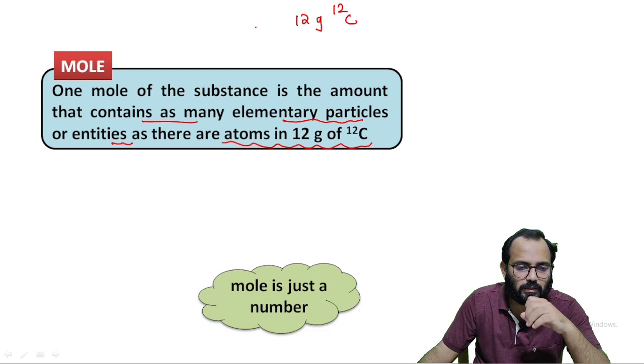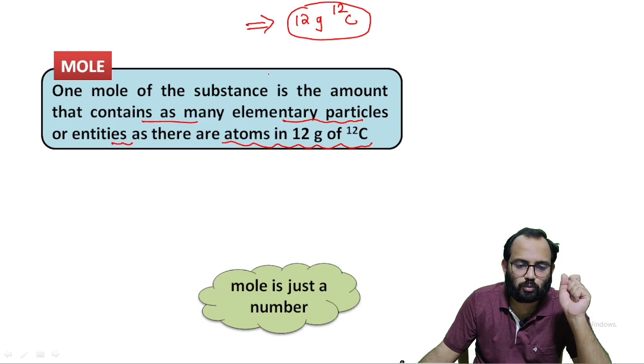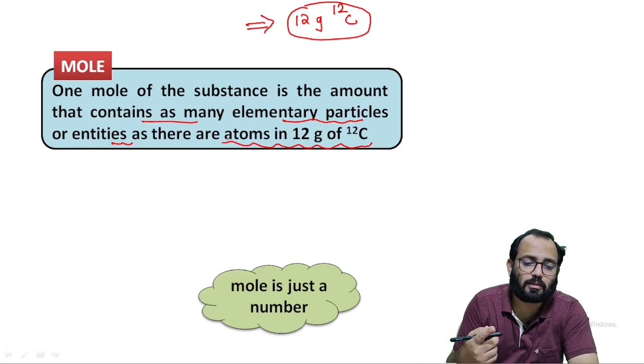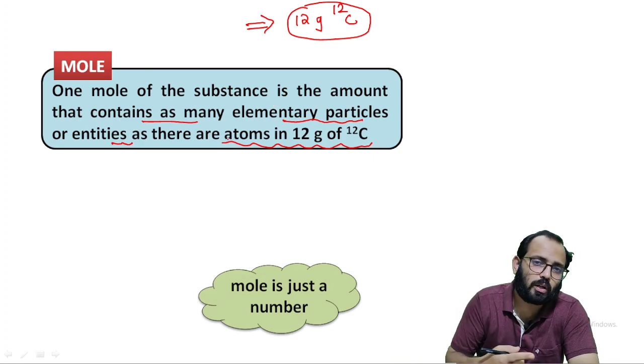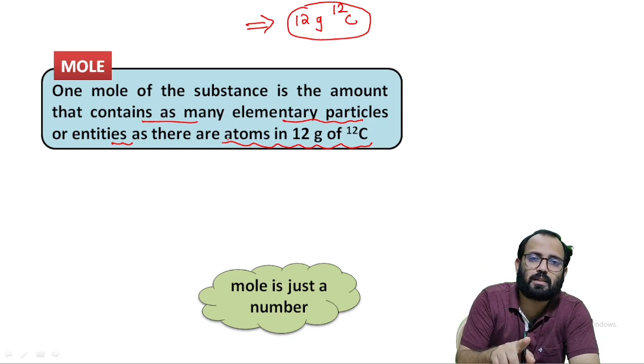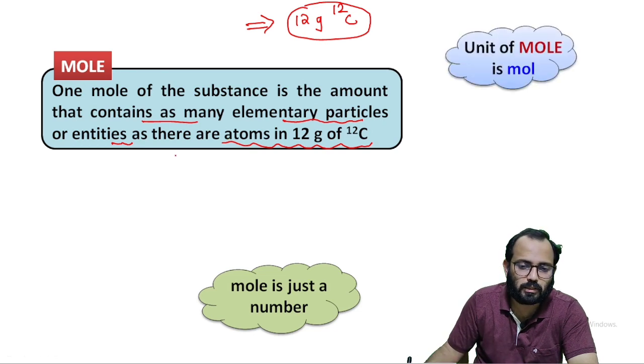Then what they are telling us is, 1 mole is that amount that contains that many atoms. Whatever the number of atoms in 12 gram of carbon 12, that many entities will be present in 1 mole of a substance. That is what they are telling.